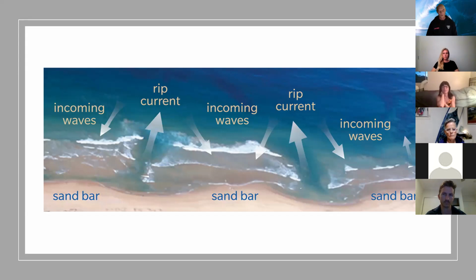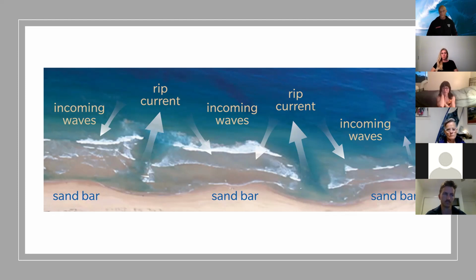A lot of questions I get is people asking, how do you identify it? It's definitely easier to see from a higher vantage point because you can look down and actually see the shape of the sandbar. You can see where the whole ocean is moving in a particular direction, and it's quite easy to identify. But if you're at ground level and there's waves breaking everywhere, sometimes it's really hard to see.